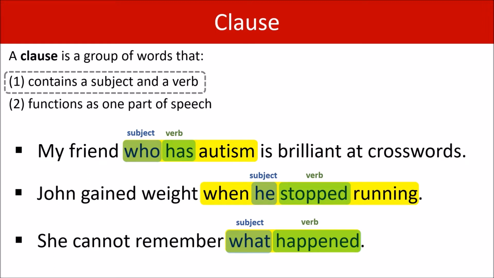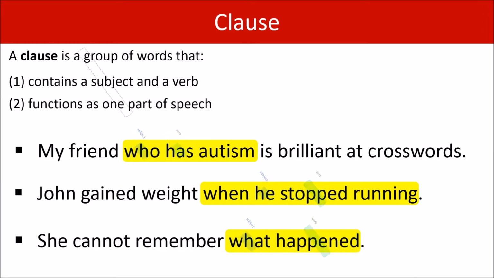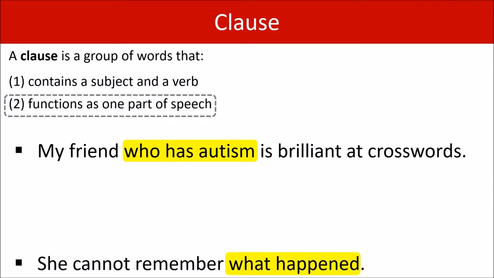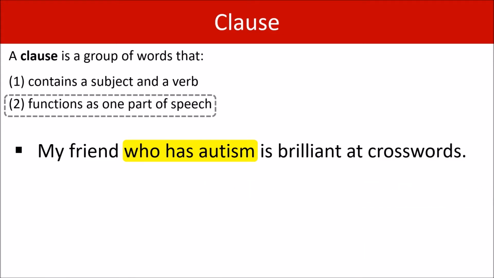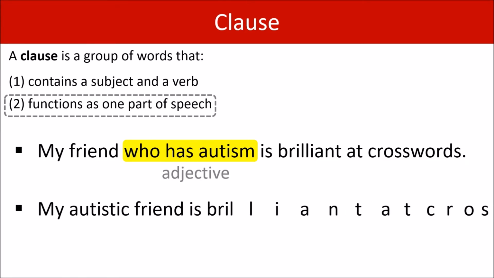Okay, let's clear that. Let's move on to the second condition. Functions as one part of speech. Let's get rid of those two and just look at the top one. This clause is functioning as an adjective. Let's put up a similar example to prove it. My autistic friend is brilliant at crosswords.